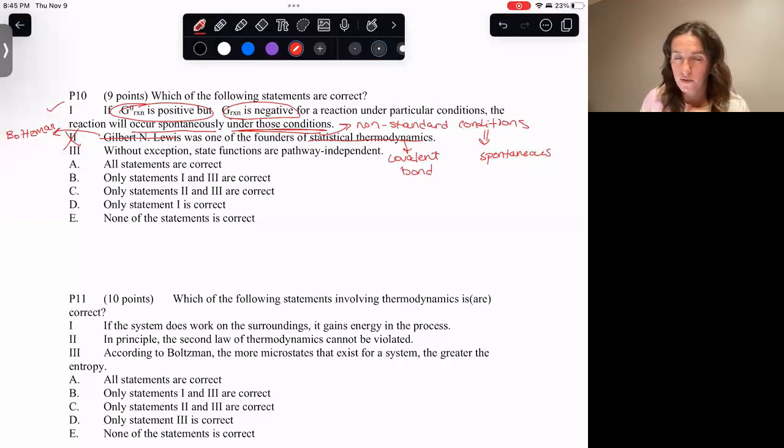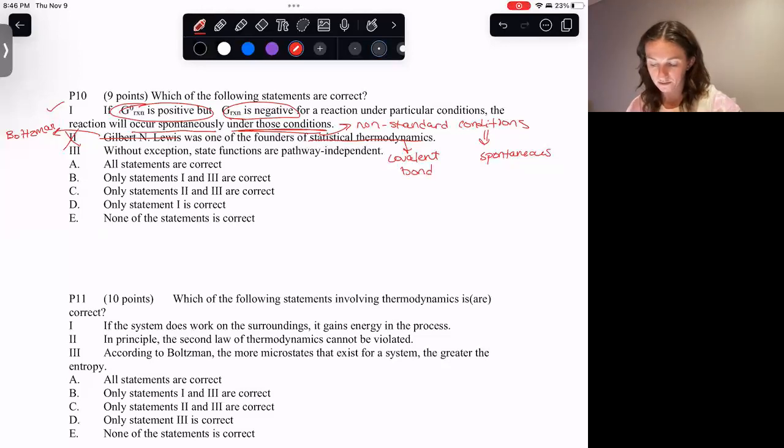Were there other ones for statistical thermodynamics or covalent bond theory? For founders of statistical thermo, I think there were probably others, but I think the main one you need to know is Boltzmann.